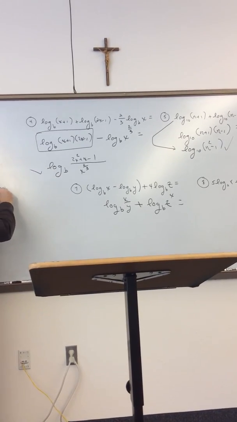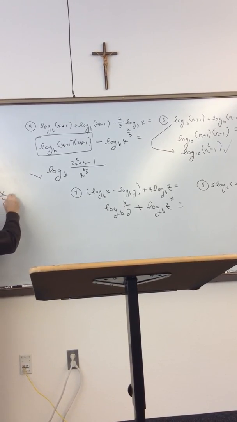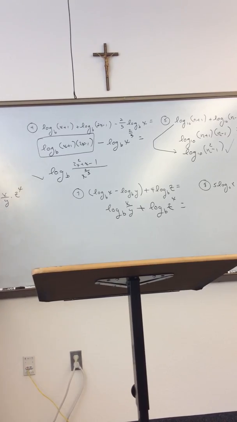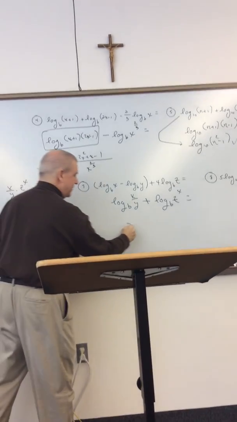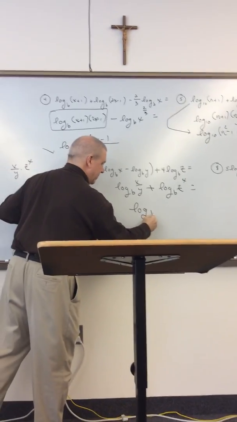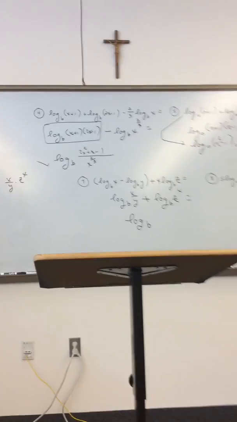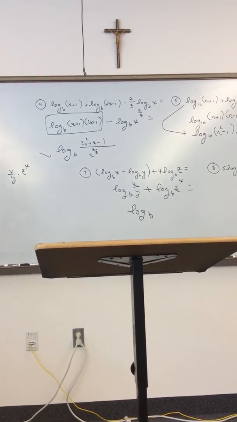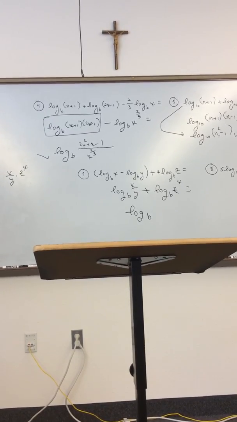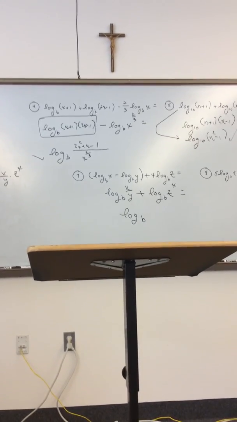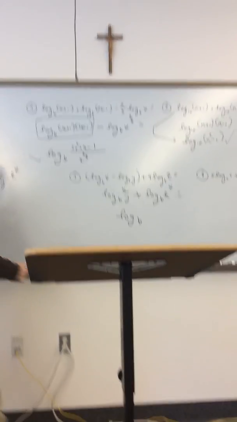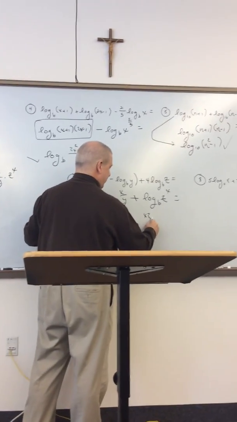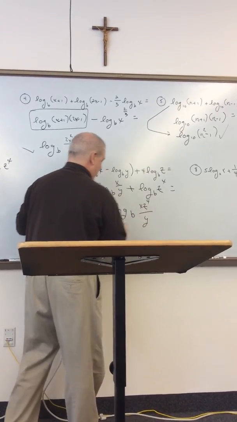Sum of logs. Doesn't that mean you just multiply the two things? What's it going to be? What's x over y times z to the 4th? Nothing cancels, so you just have to write it all out. X, z to the 4th over y.